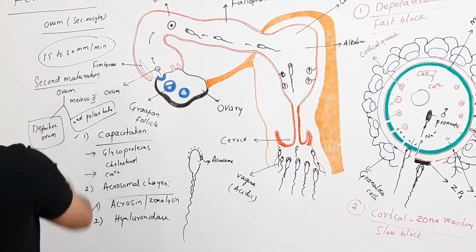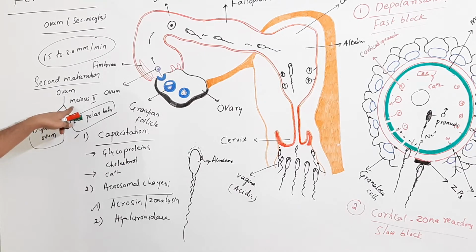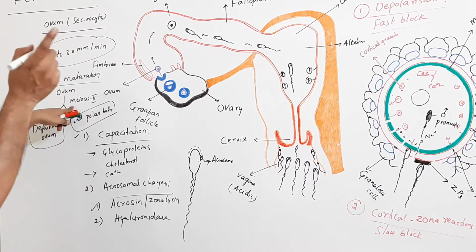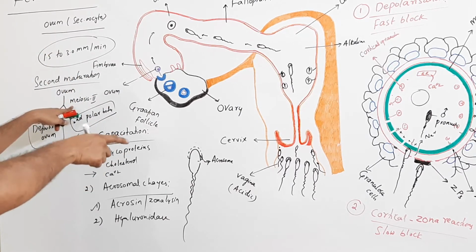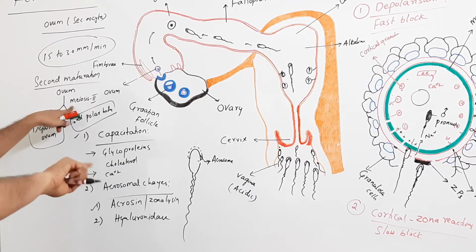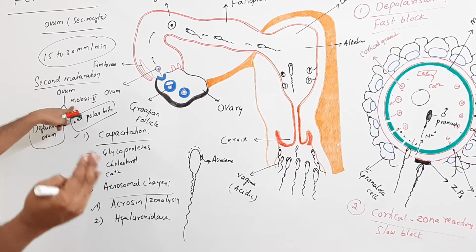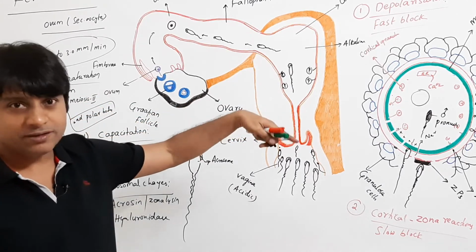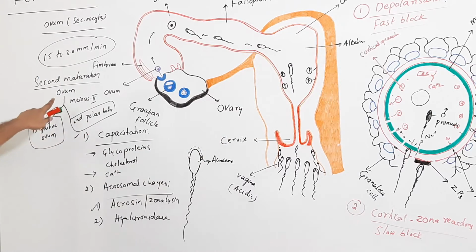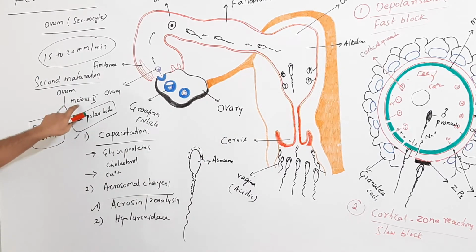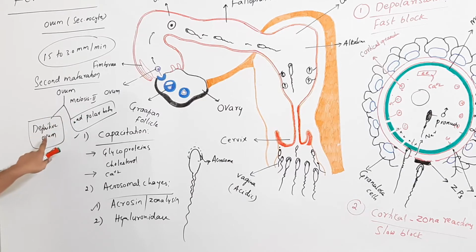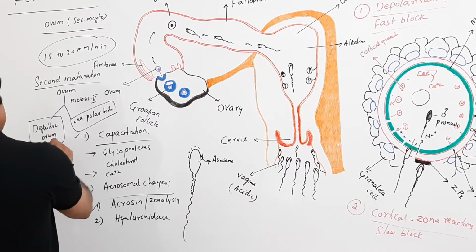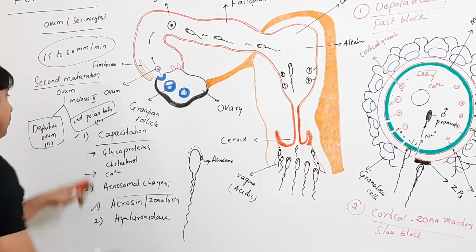Right? Already we have discussed that meiosis 1 takes place in the female reproductive system during the process of gametogenesis, and it does not complete the second maturation division. The second maturation division of the ovum is done only after the entry of the sperm, and the sperm induces the ovum to complete its meiosis 2. In meiosis 2, it is divided into two haploid cells: the definitive ovum and a polar body.